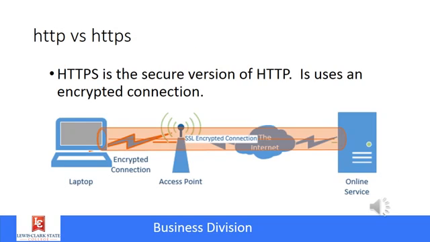I've already mentioned HTTPS as a protocol a couple of times, but that's the secure version of HTTP, and it actually encrypts the information so that the information that you transfer over the internet cannot be intercepted, or it could be intercepted but it wouldn't be able to be read. And anytime you're doing banking or financial information, or buying something using your credit card information, you want to ensure that the protocol you're using is HTTPS.